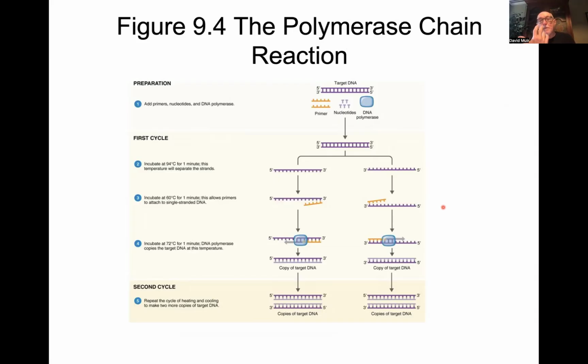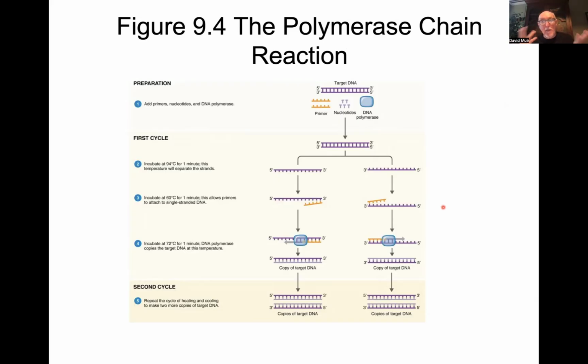So the polymerase chain reaction is an artificial replication system. First of all, we have our DNA, our target DNA that we want to amplify. We want to get the concentration high.